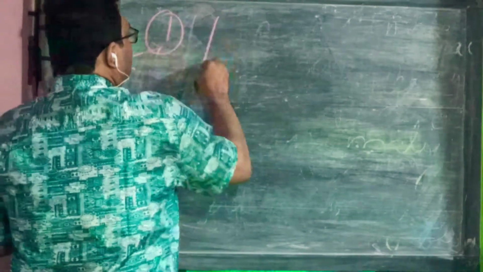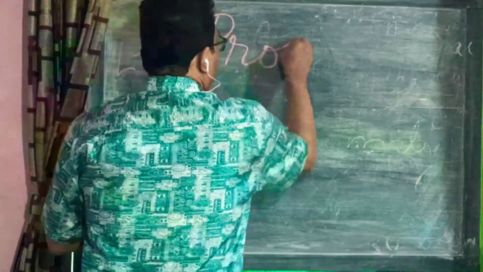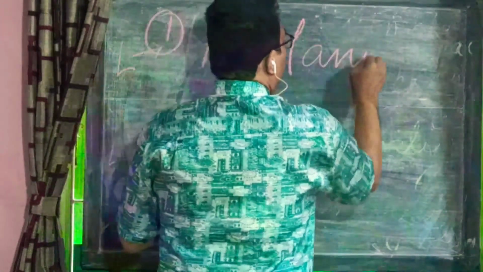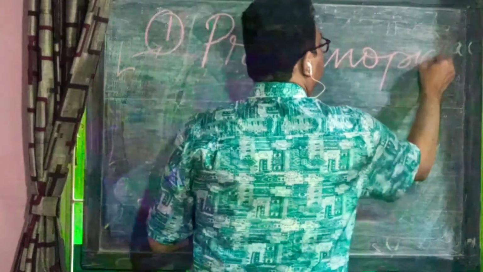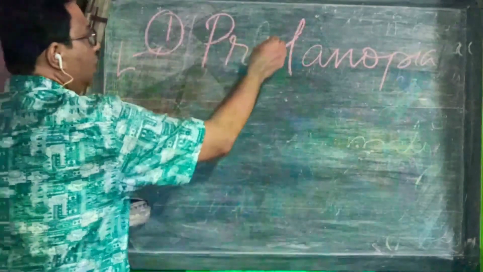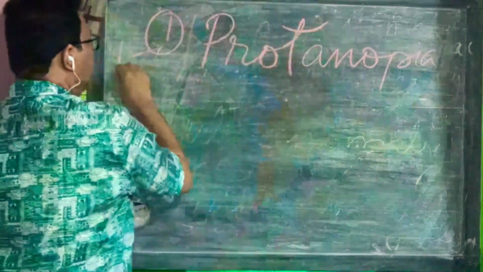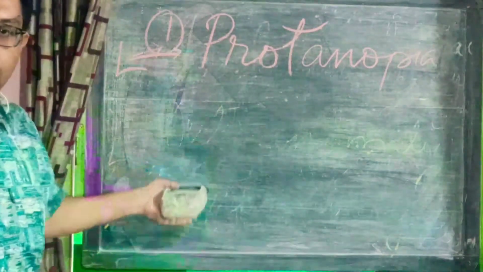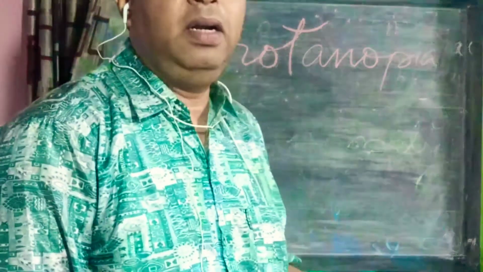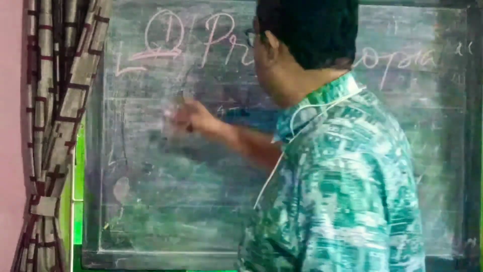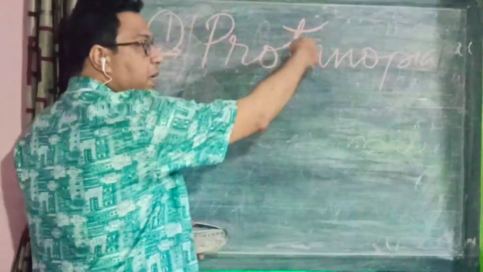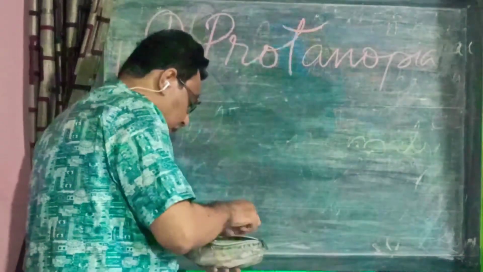First and foremost, protanopia. Of course, this will refer to the long wavelength pigment containing cone. So this is the cone which was sensitive to red light. It might be defective or it might be totally absent.